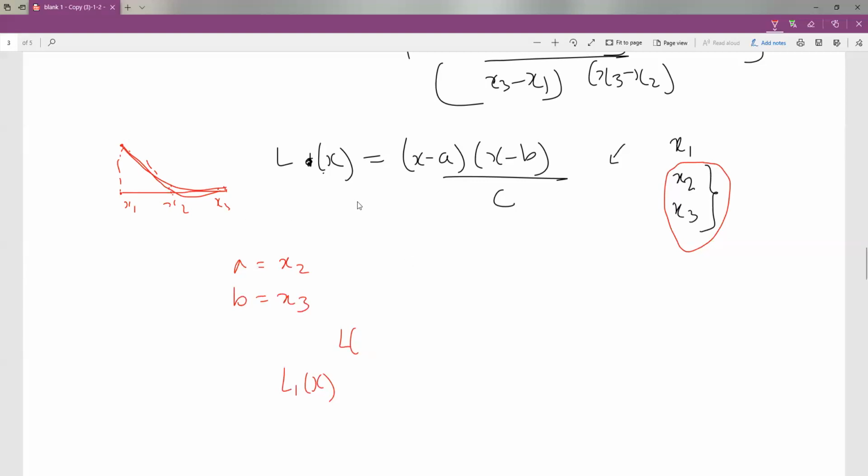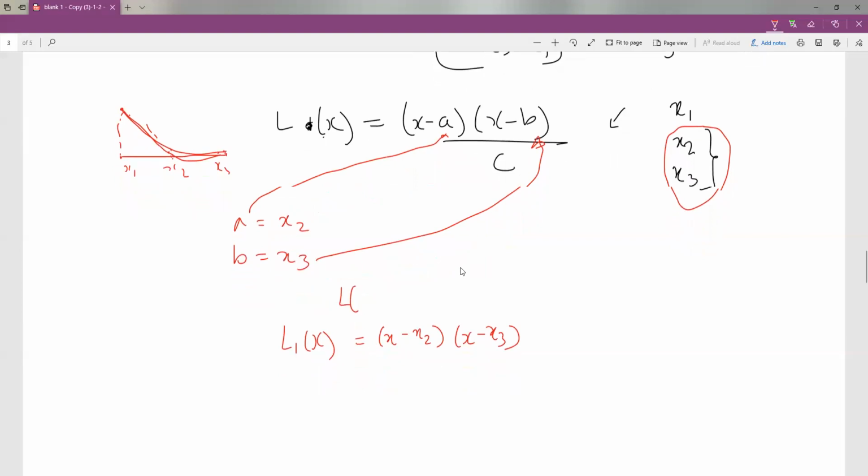So this can be done only when you substitute a equal to x2 and b equal to x3. So the numerator portion is done here. If I evaluate this function at x2 and x3, it is going to give me 0. This is L1 of x, the first one out of 3 different quadratic interpolating functions.